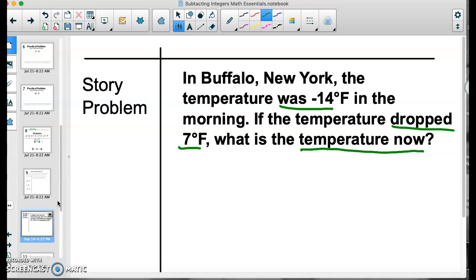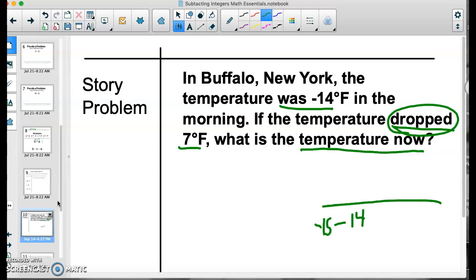We can go, it was at -14, okay? We know if it dropped is essentially subtracting, so we know we have to go to the left, okay? 7 times, so we have -15.